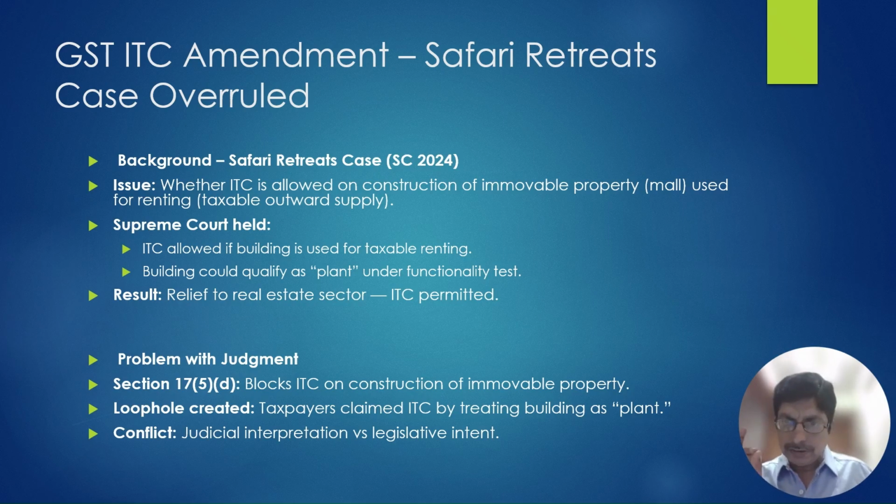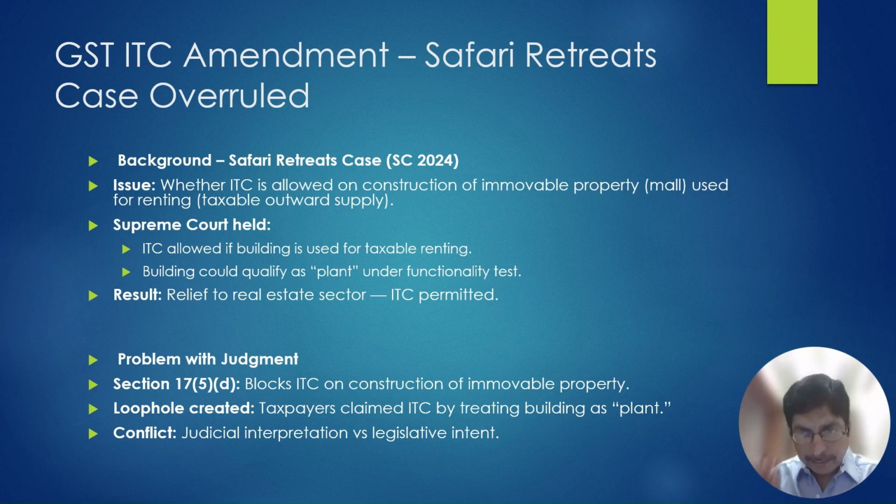So the government has made the amendment, and that is a retrospective amendment from 1st July 2017. And what is that amendment? They substituted the word plant or machinery with plant and machinery. So when the words used are plant and machinery, even if the building is constructed for the purpose of business, the ITC is not available.